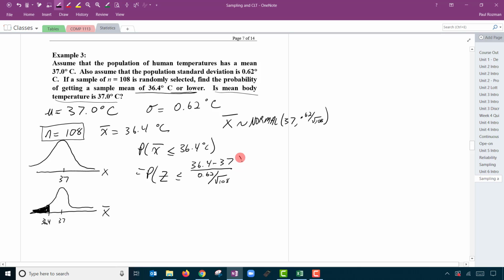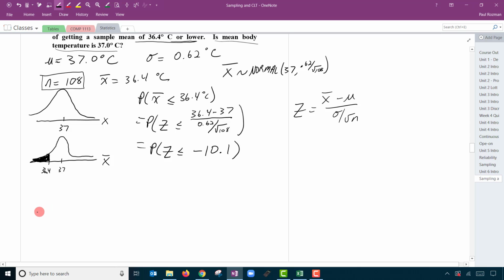In some ways, I could have given you this formula for z-score at the beginning, because even in a regular data set, if we're talking about individuals, your sample size would be 1, and the mean of any score would just be its score itself. This number turns out to be crazy, crazy small. It's -10.